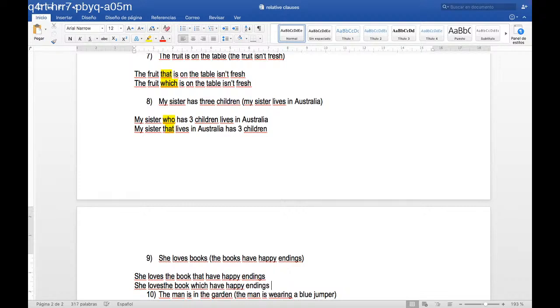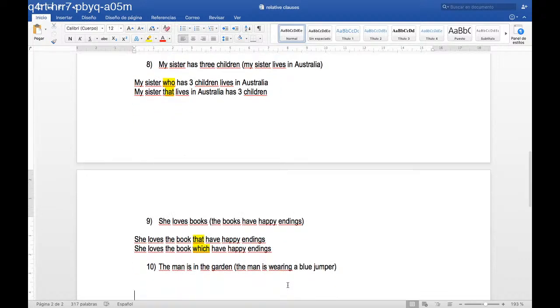Okay. So this element can help me, and also this element can help me too. And finally, it says that the man is in the garden and the man is wearing a blue jumper.